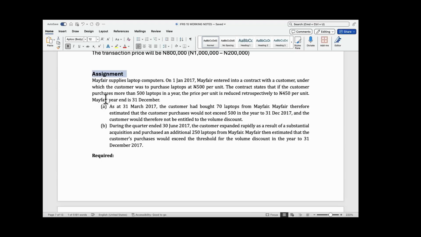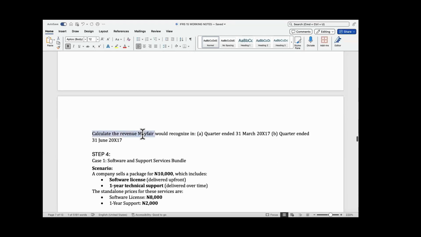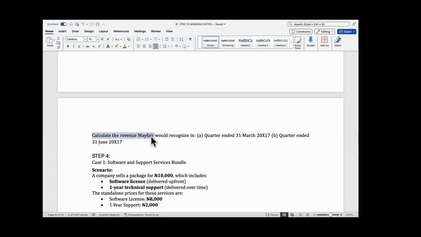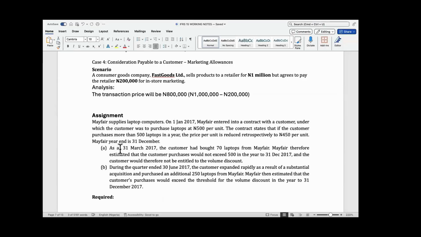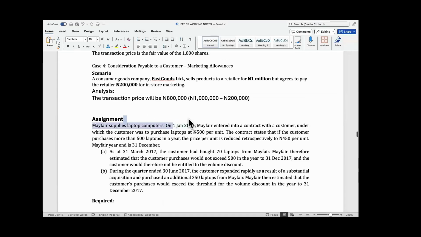Now, this assignment I gave you says we should calculate the revenue that Mayfair would recognize in the quarter ended 31st March and the quarter ended 30th June. So what's the question talking about? It says that Mayfair supplies laptop computers, and on 1st of January Mayfair entered into a contract with a customer under which the customer was to purchase laptops at 500 naira per unit.